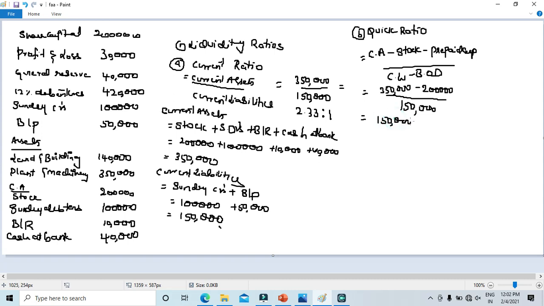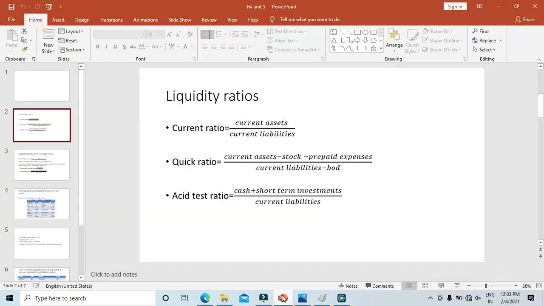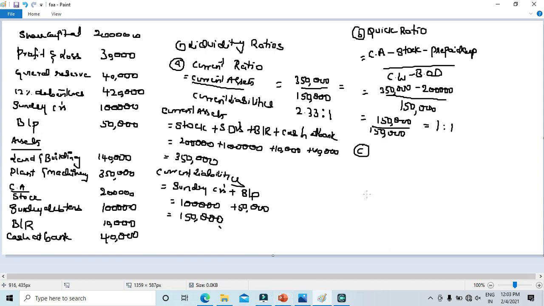Cash is how much over here? 40,000. We don't have short-term investment, so we are going to leave it. Divided by 1,50,000. So it will come to 1:3.7. With this we are done with the first method, that is liquidity ratios.